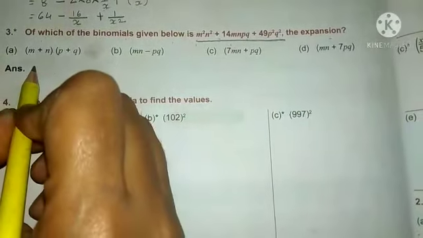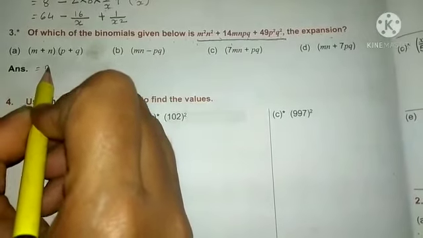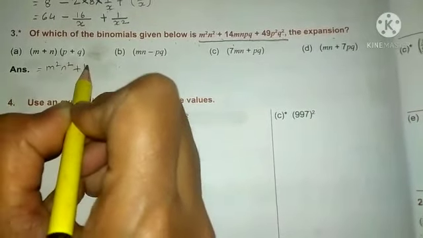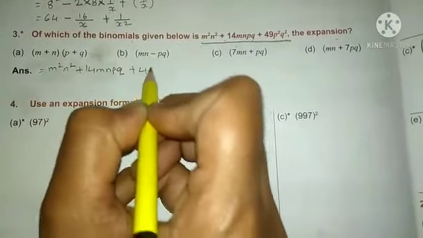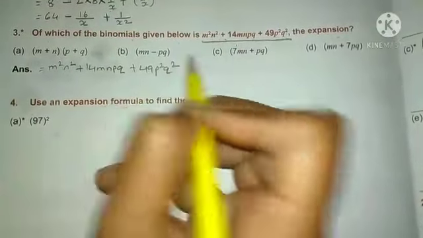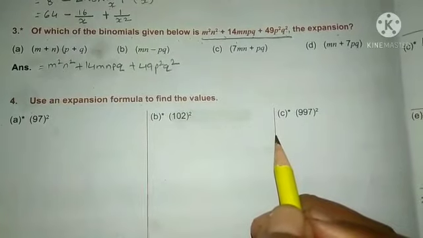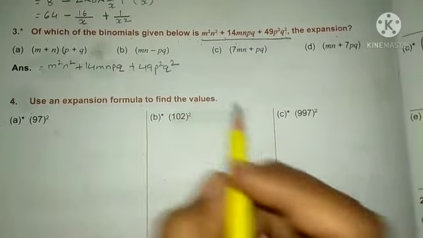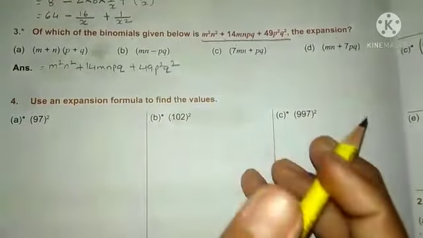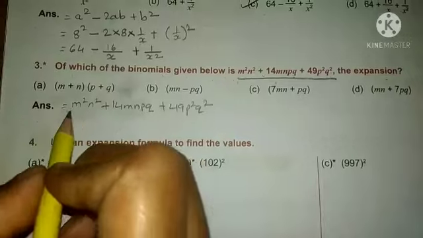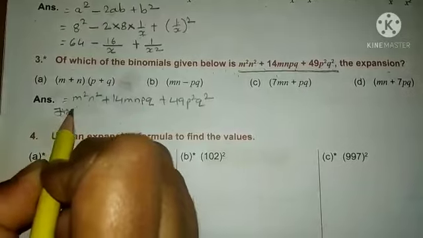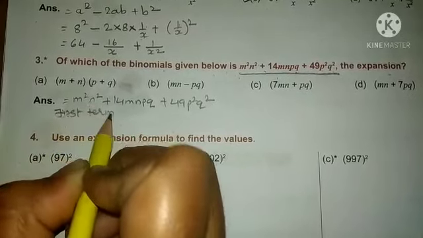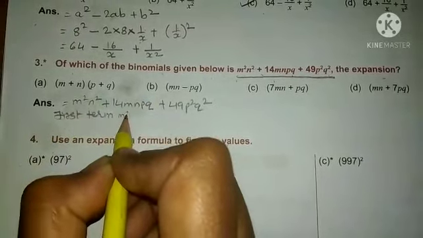So our expression is given, that is m square n square plus 14mn pq plus 49 p square q square. Now we have to find the square root of each term. First we will write down the first term. Which one is your first term? That is m square n square.